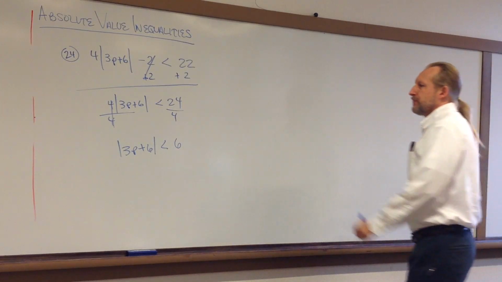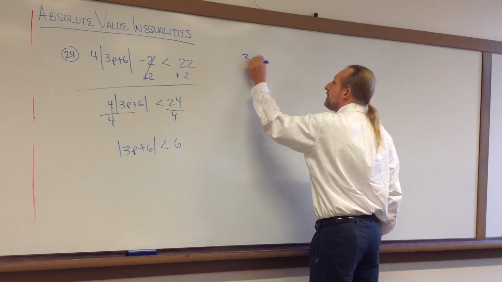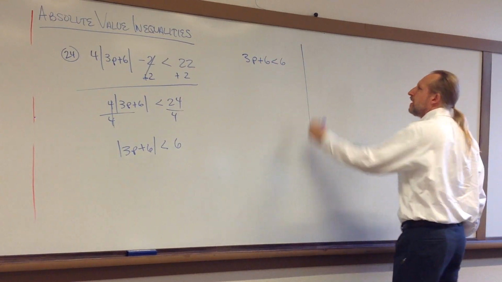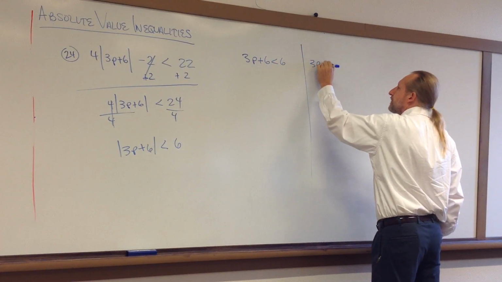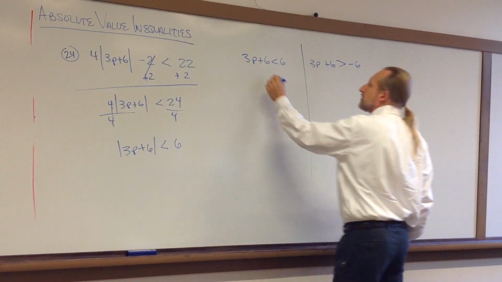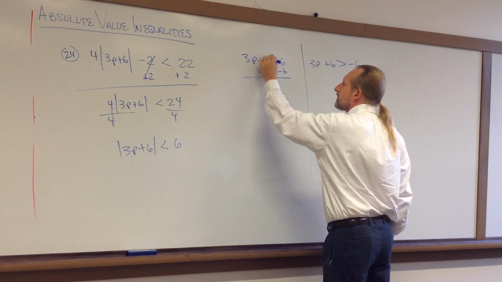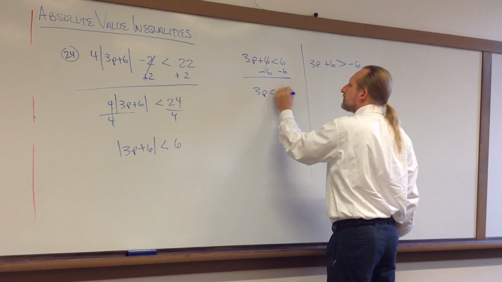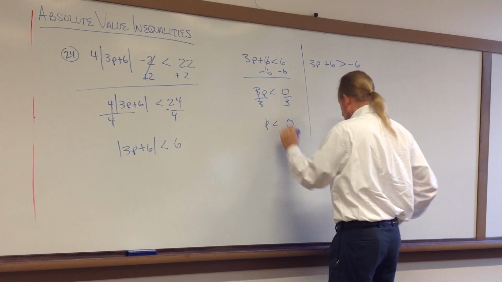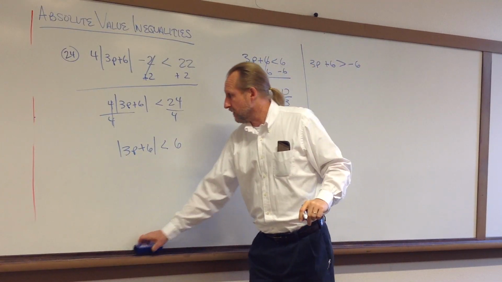Okay, so now we want to split this in two pieces. 3p plus 6 less than 6. And 3p plus 6 greater than negative 6. So, subtract 6 on both sides, and then divide by 3. And that'll give us p less than 0.